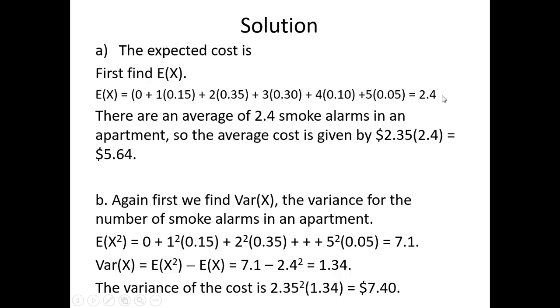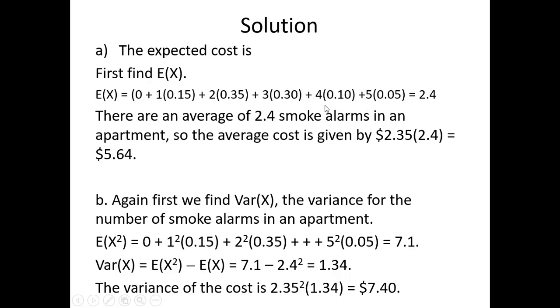Now, we want to convert this to expected cost. This is the expectation of X, but remember, X is the number of smoke detectors in an apartment. We want to use that to figure out an average cost. That's not difficult.